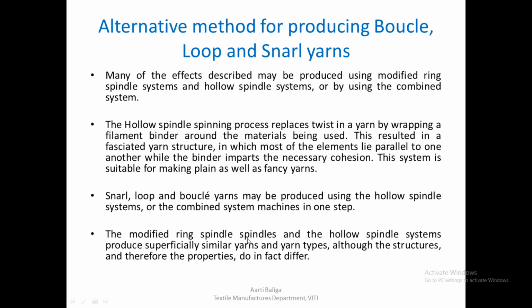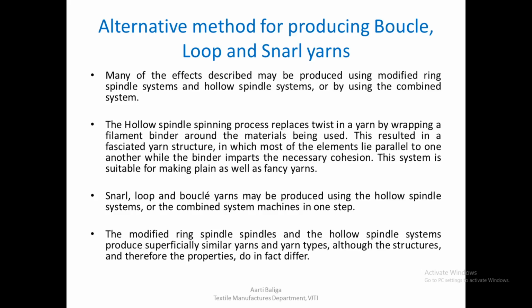The modified spindles and the hollow spindle system produce superficially similar yarns. So we should have some caution here: both the yarns produced by these two systems will look similar.